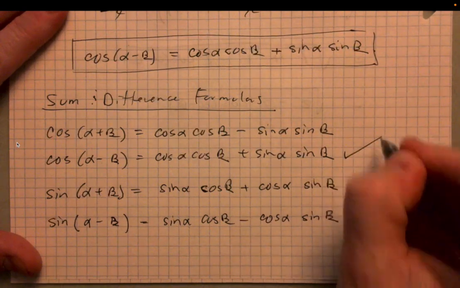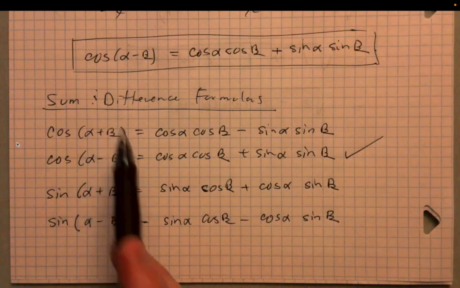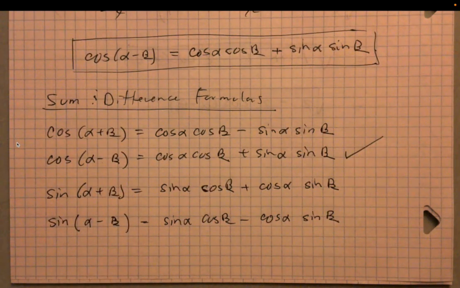So here are the four sum and difference formulas. So this one we verified, right? We verified that one, but we could just as easily go and verify the sine of the difference. Now the sine of the sum is just a little bit of a different derivation, but it's along the same lines, right?